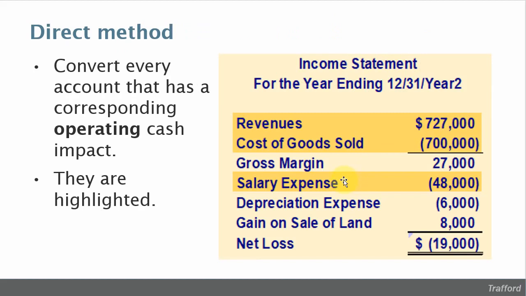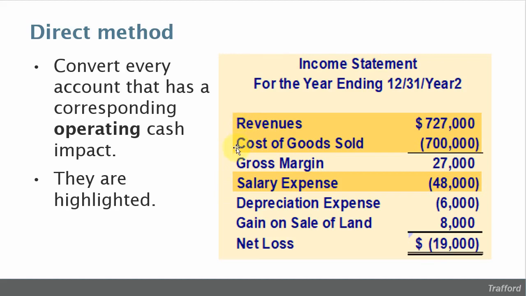When we use the direct method, we basically look at every account on the income statement and think about which of these accounts has a corresponding impact on operating cash flows. We know that revenues would be represented by collections, cash collections from customers on a statement of cash flows.